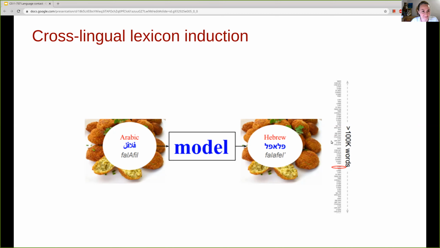So this is one of those multi-class classification problems. More commonly, the problem of cross-lingual lexical mapping is addressed as a string transduction problem. We can train a model that, given an input string in one language, can generate a plausible counterpart string in another language. So it is like a character-based translation.